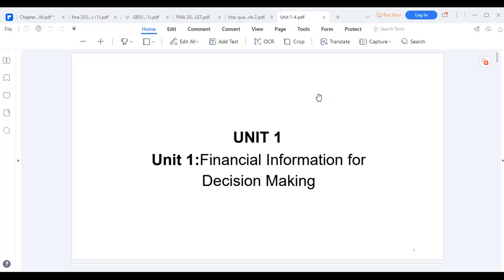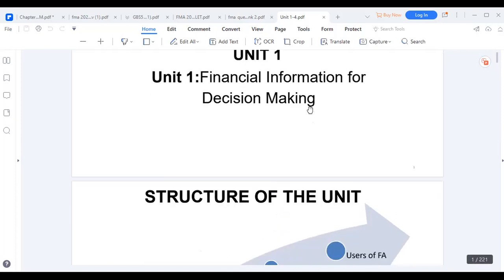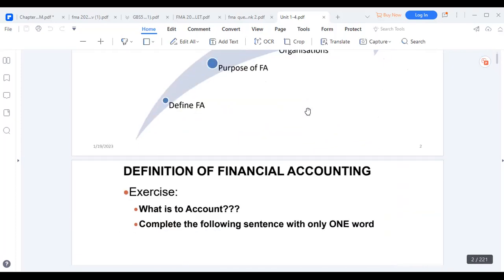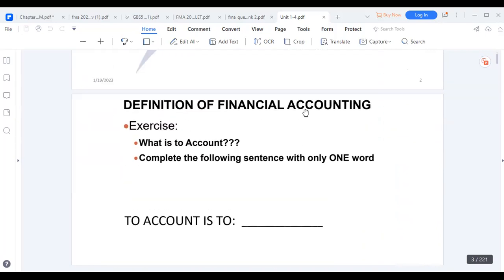All right. So here we are now getting down to the financial information for decision making, the structure of the unit. So we look at what is accounting. Of course, these are basics that we can look at. What is an account? These are just the basics.